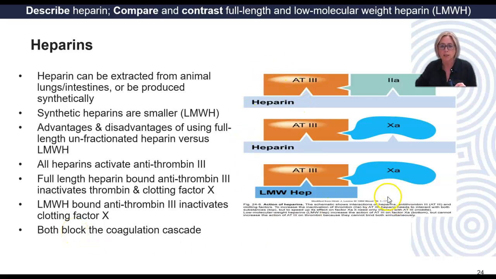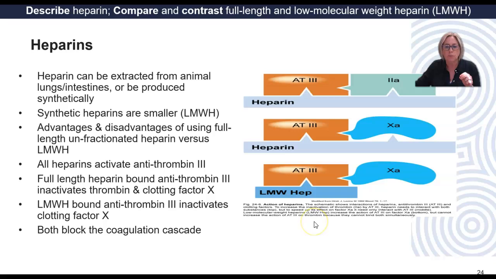So if we look at this in a little bit more detail here, we're looking at the interactions of heparin, also antithrombin 3, which is AT3, and clotting factors. Now, to increase the activation of thrombin, which is 2A, by AT3, heparin needs to interact with both substances, which you can see via these little peak bits here.